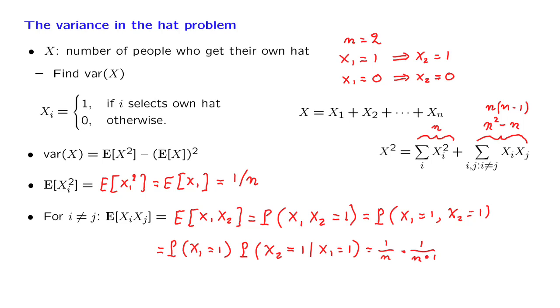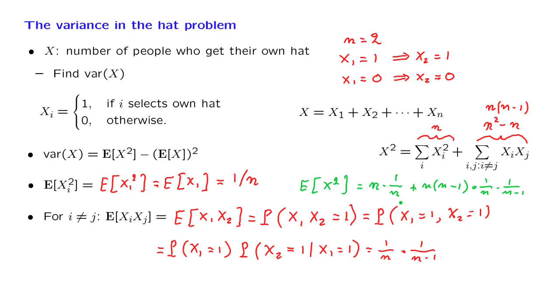Now we are in a position to calculate the expected value of X squared. The expected value of X squared consists of the sum of n expected values, each one of which is equal to 1 over n, plus so many expected values, because we have so many terms, each one of which, by this calculation, is 1 over n times 1 over n minus 1.